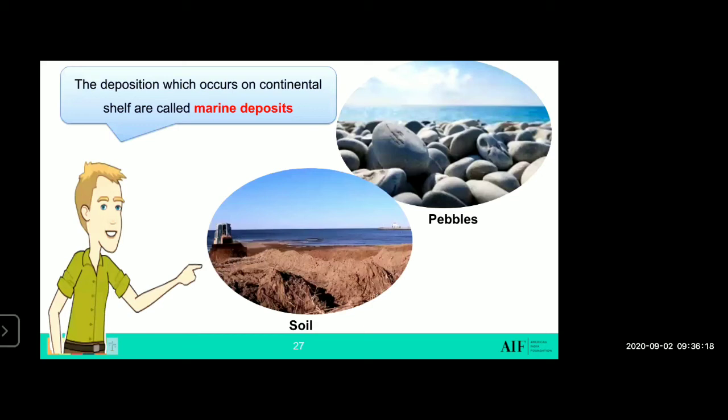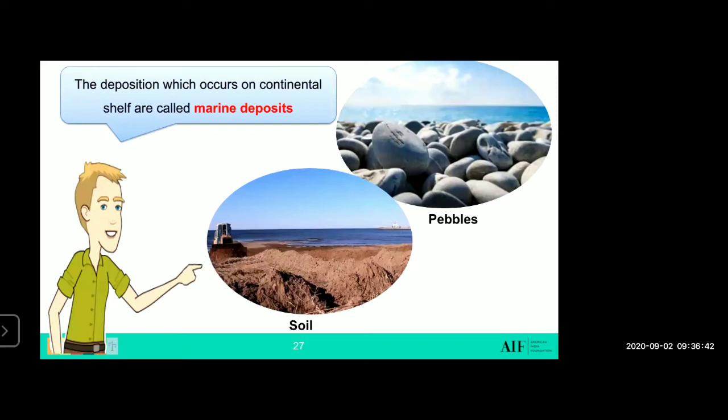Thus, these depositions which occur on the continental shelf are called marine deposits. You might have seen this on National Geographic channels, or when you go near the seashore. So these are called marine deposits.